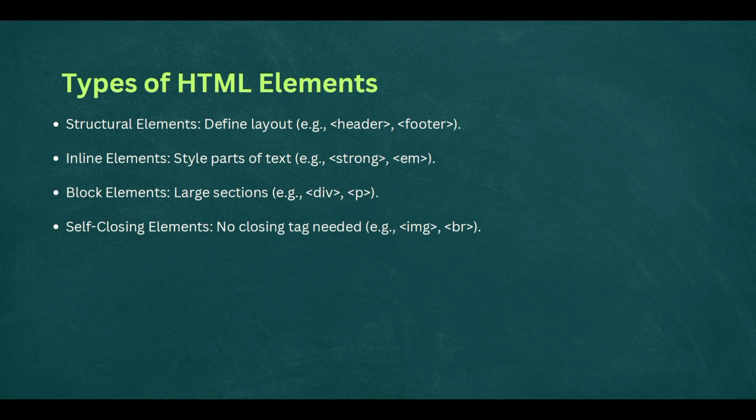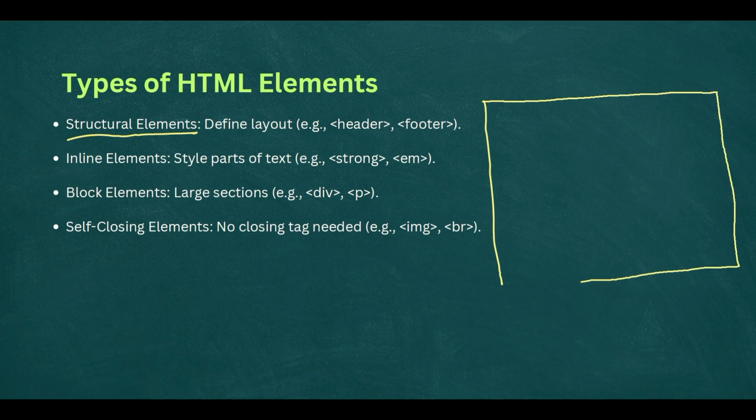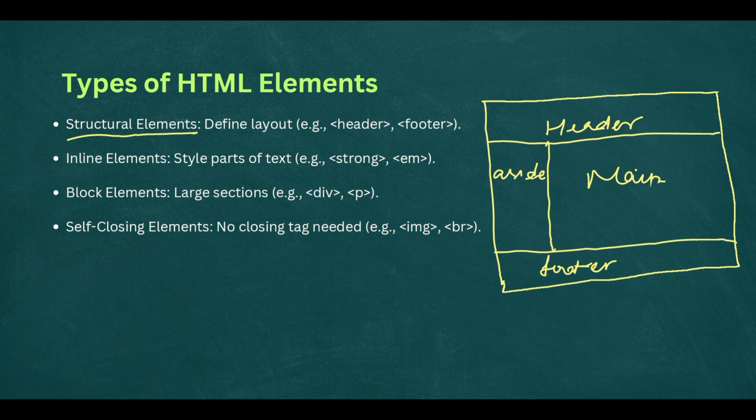We have different types of HTML elements. There are structural elements that define the layout. We have different sections in a web page. For example, suppose you have a web page and you check it: there's a header, a footer, a side section, and a main section. So this is the basic structure of an HTML page. We have inline elements that style part of a text, like strong and emphasis, these things like italics, bold.